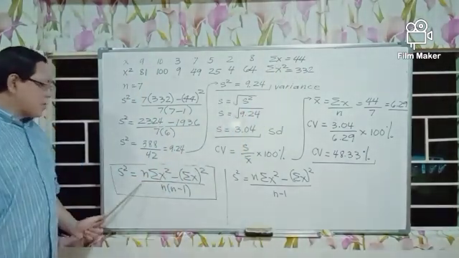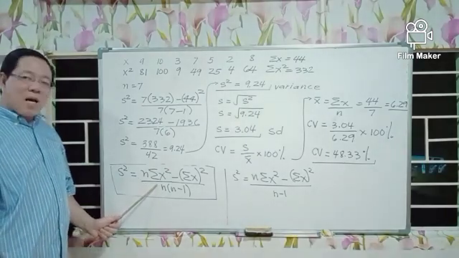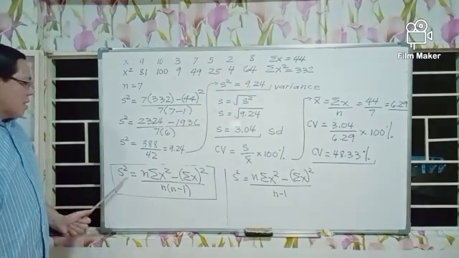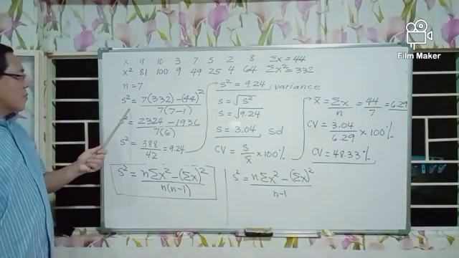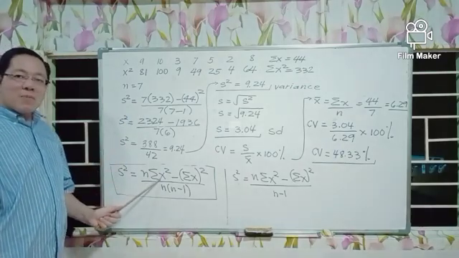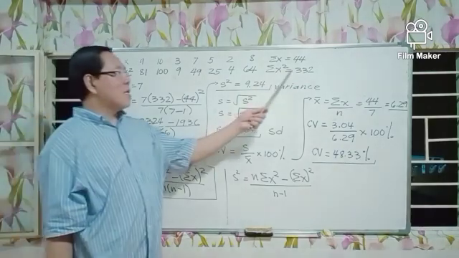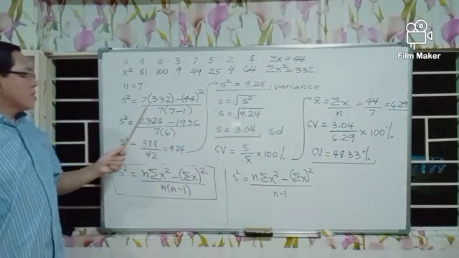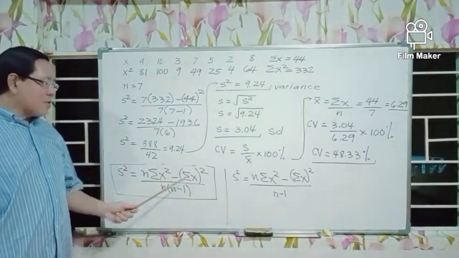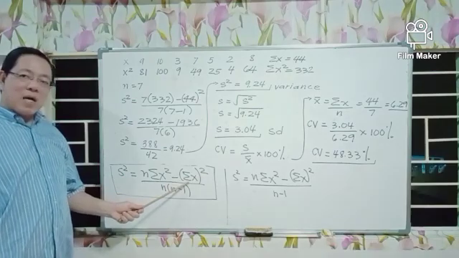We now substitute the value of n, summation of x squared, and summation of x into this formula. And s squared is equal to n, which is 7, multiplied by summation of x squared, 332. 7 multiplied by 332 minus the square of summation of x.